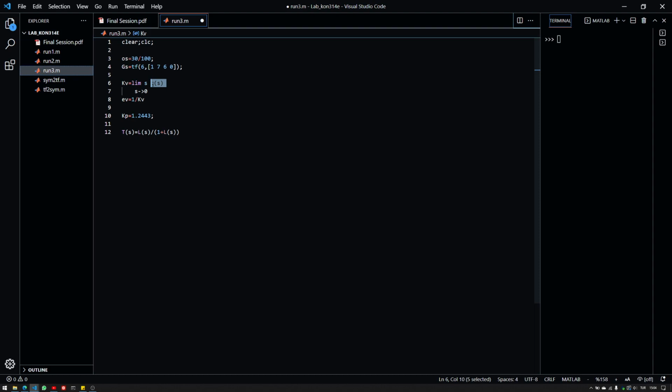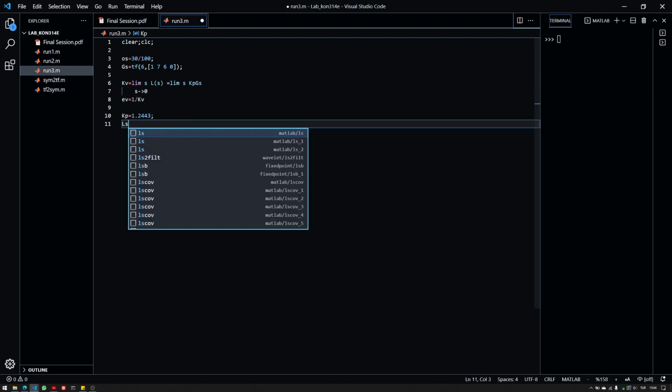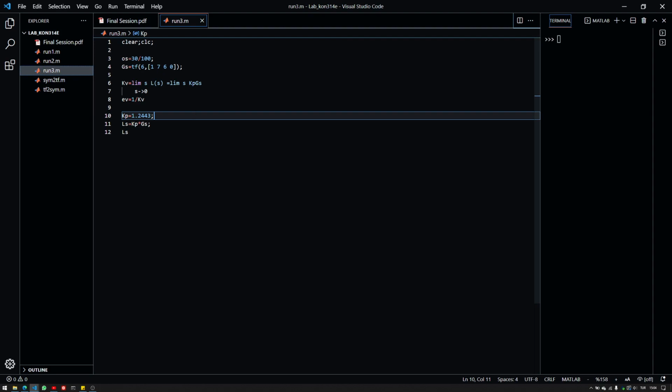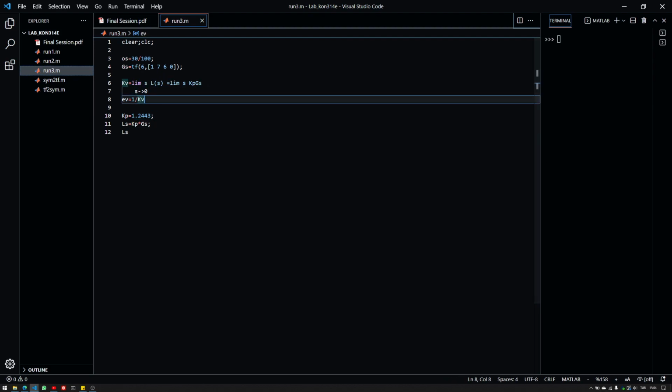So this limit should be calculated for the limit of s times kp times Gs. That's important. Now, once we have that, what we're looking at is kp times Gs. So this is Ls, and we should look for this limit.